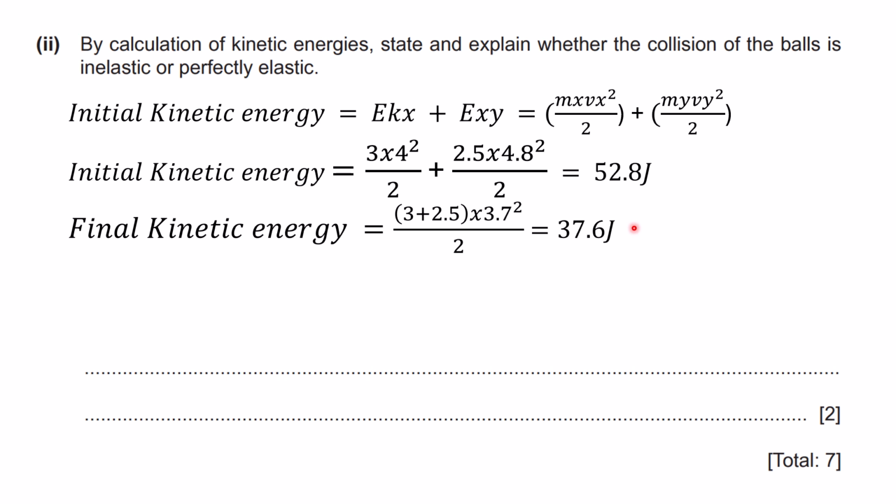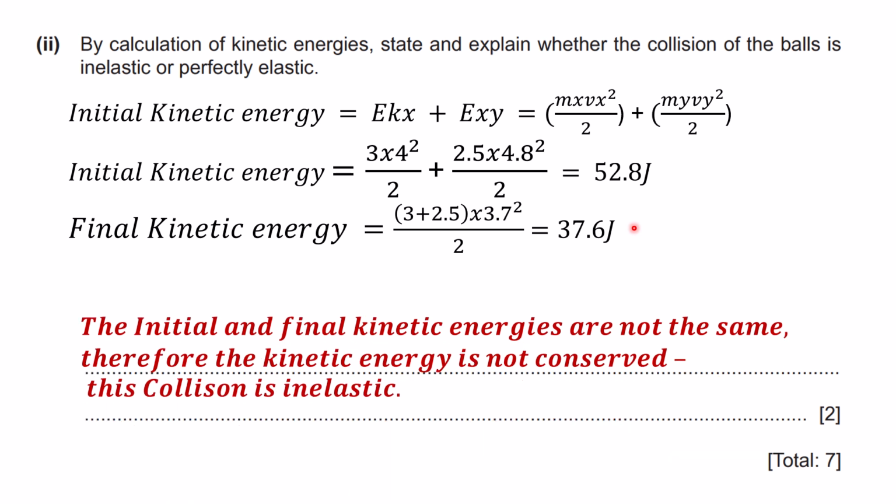There is a loss of energy, maybe sound, the balls snap, make a sound, heat, friction. So for this reason, the initial and final kinetic energies are not the same. Therefore, the kinetic energy is not conserved. This collision is inelastic.